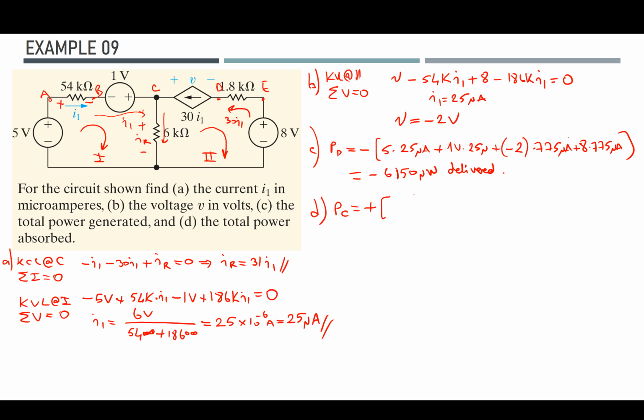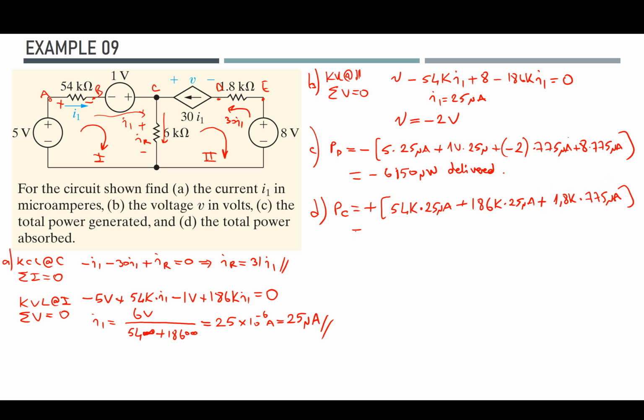So let's say I have 64K times 25 microamps plus 186K times again 25 microamps plus 1.8K times 775 microamps, which is 30 I1.